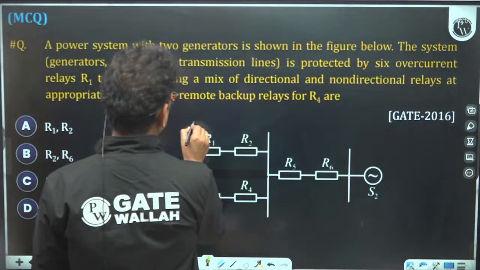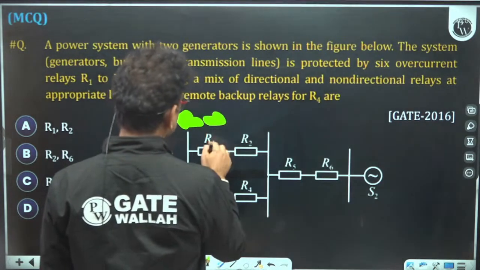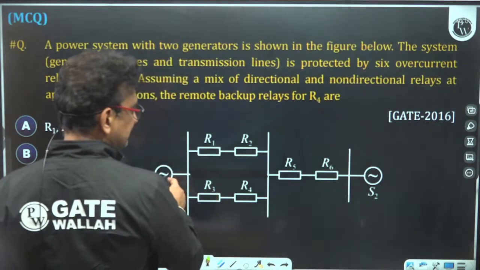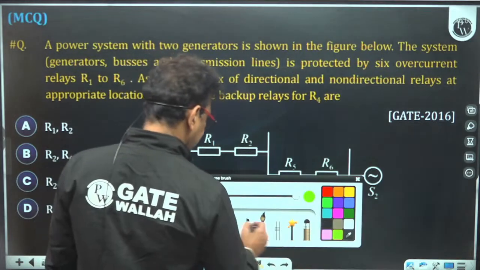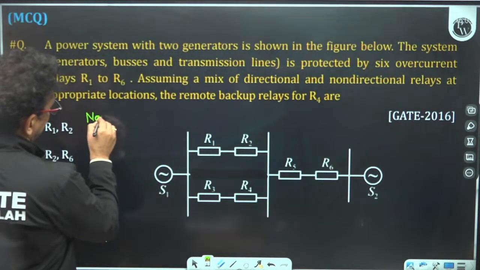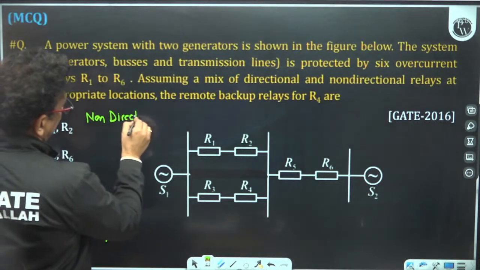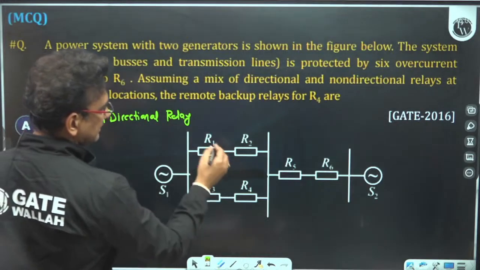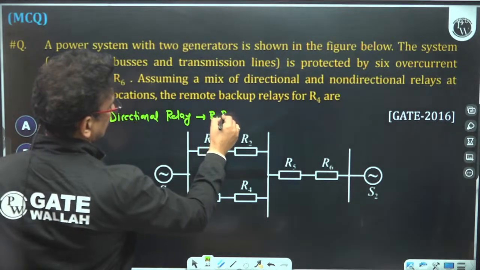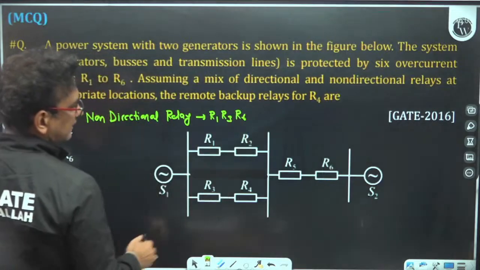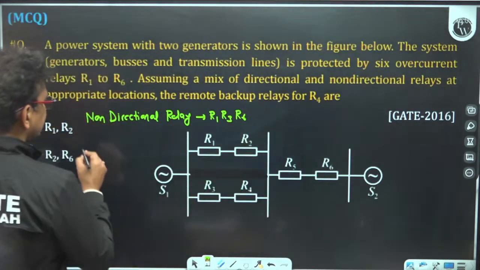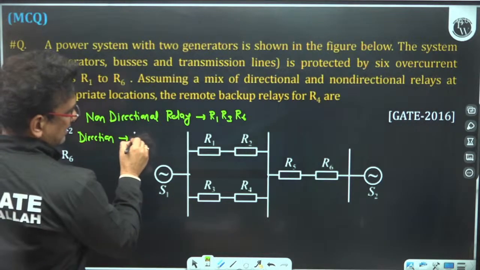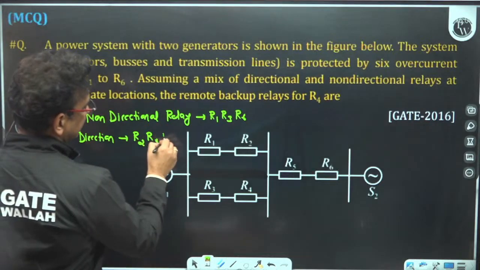That means if the fault occurs here, current flows in this direction or that direction, and the relay should operate. So our non-directional relays are R1 and R3 near the source, and R6. So we have 3 non-directional relays: R1, R3 and R6. And the remaining relays R2, R4 and R5 are directional relays.